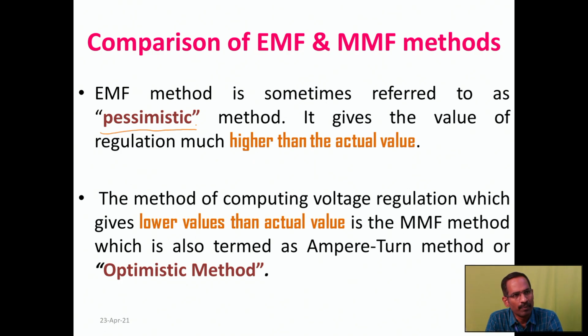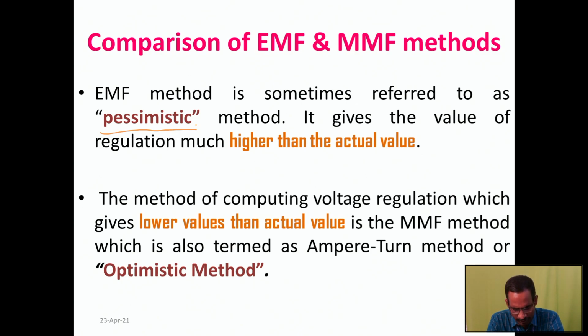Actually the voltage regulation value may be 5 or 6%, but by using the EMF method calculation, it shows a value of more than 15 or 16. So it will create a negative impact on that machine, so it is called pessimistic.